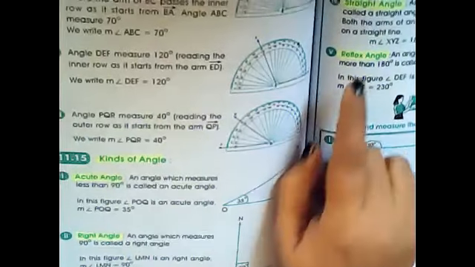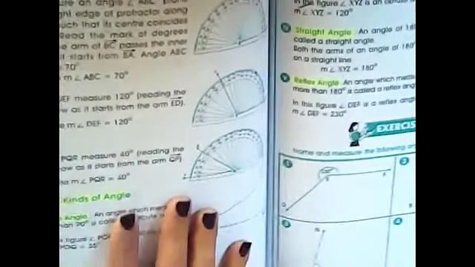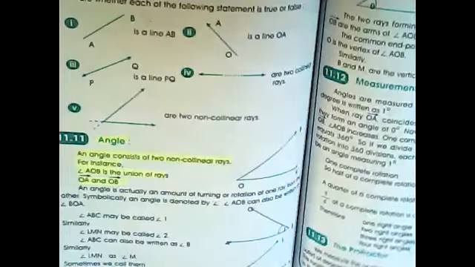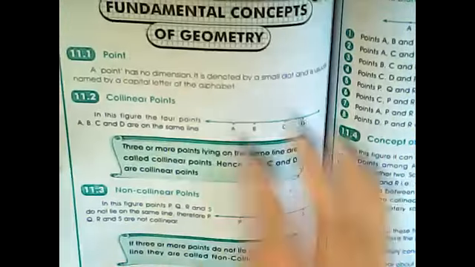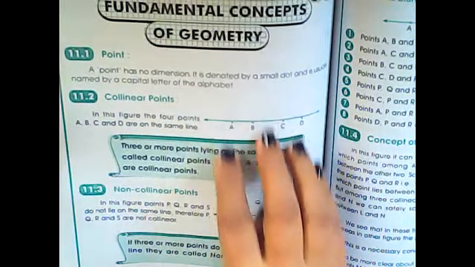Now last is chapter number 11. In chapter number 11, you have to learn all these definitions, kinds of angles, acute angle, right angle, this one. Also, what you have here, this type of definitions like point, collinear points, non-collinear points. These definitions are very important.